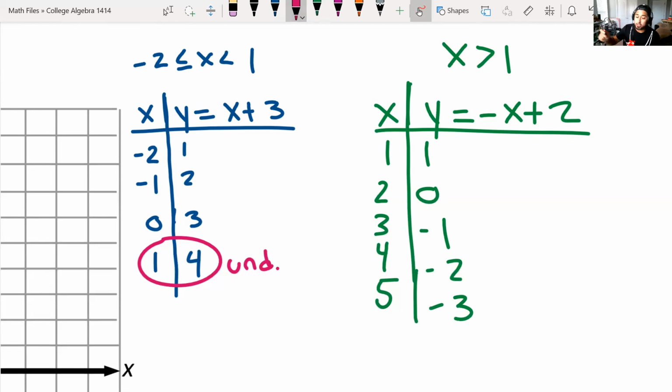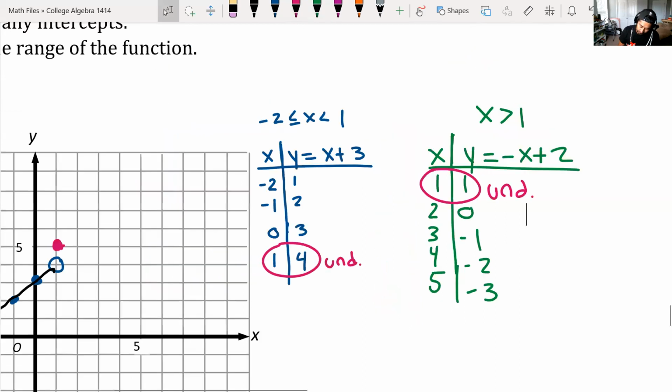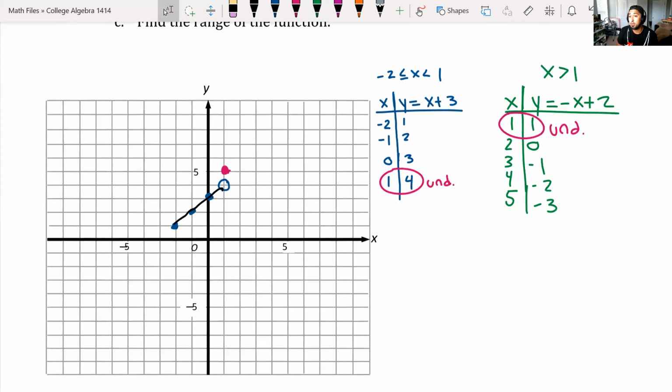And can we use 1? And that answer is no, because the inequality just says greater than. So once again, undefined. And graph. 1, 1 will be undefined. So right here.